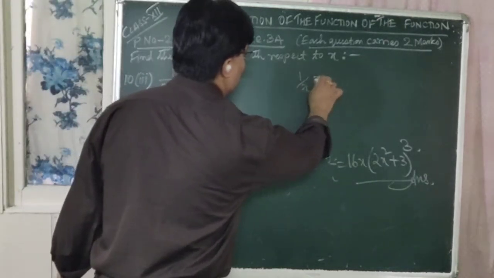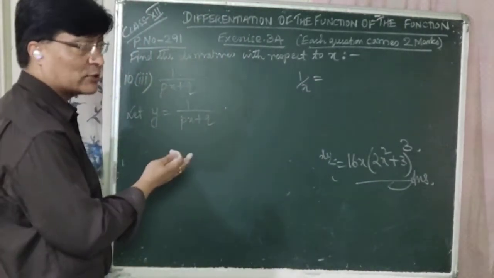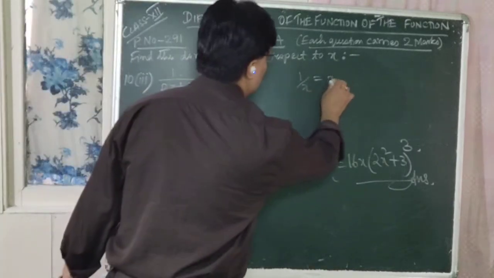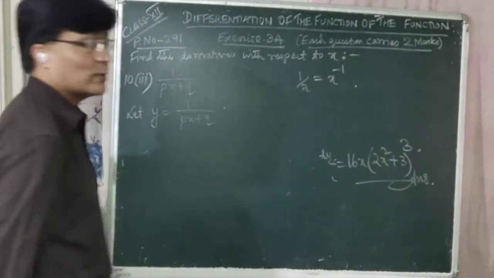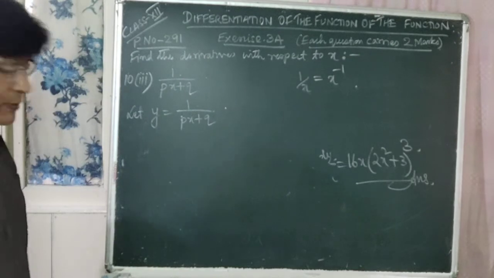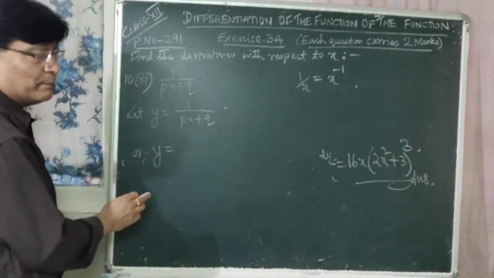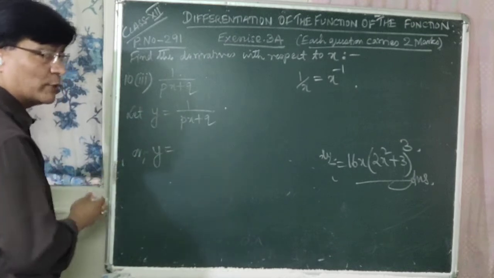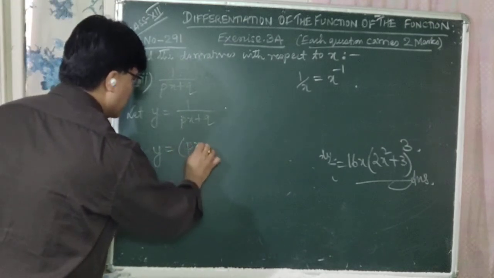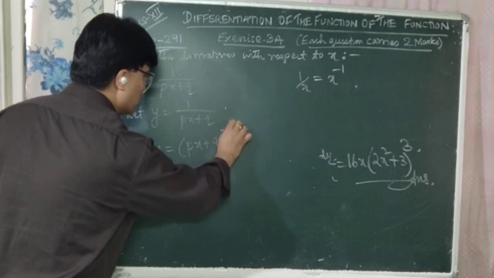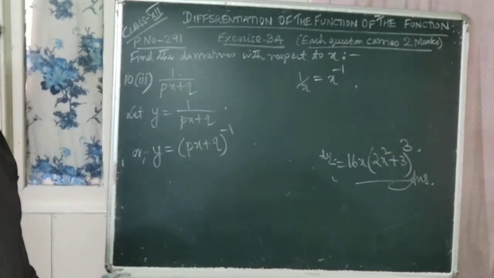If you have 1/x, when this x goes up in the numerator, it becomes x to the power minus 1. That is your x inverse, right? Similarly, when this px + q goes up in the numerator, it becomes (px + q) to the power minus 1. So now we can easily differentiate it as a differentiation of the function.